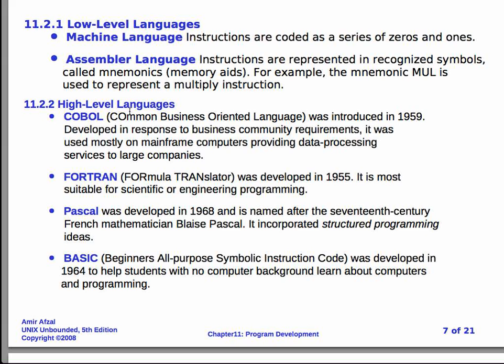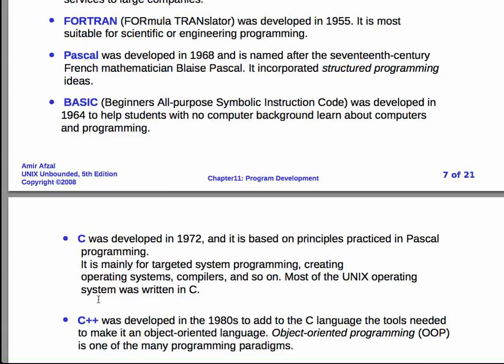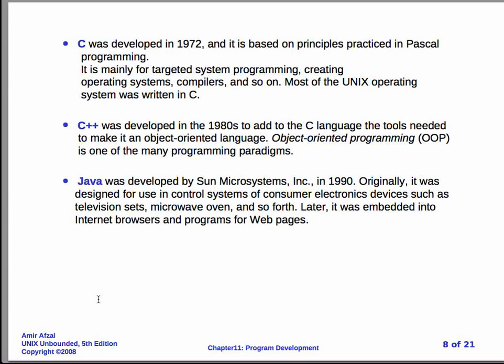Okay, so high-level languages, we went through them. These are languages that we probably won't use. C is pretty old. Now it's pretty much, I guess, 40 years old. And it's based on principles practiced in Pascal programming. It's mainly targeted for system programming, which is what this course is about, creating operating systems.